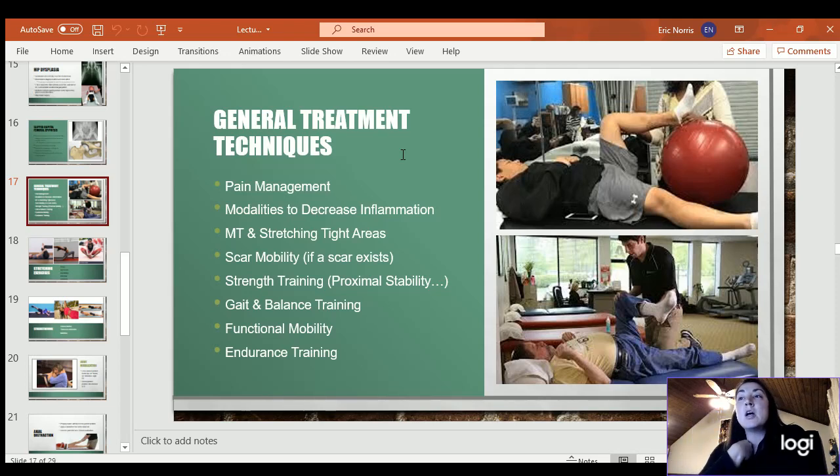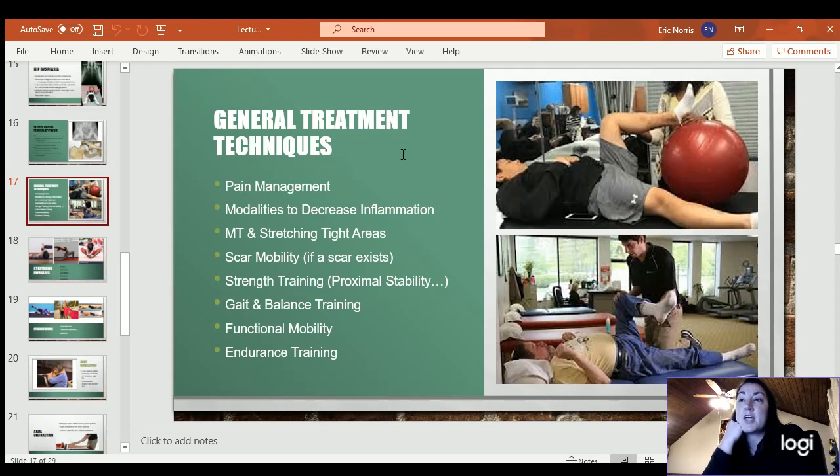move better. Strength training, of course, proximal stability, so we're focusing on gluteus medius, transverse abdominis, pelvic floor, which oftentimes we strengthen with the transverse abdominis, kind of all as one unit.